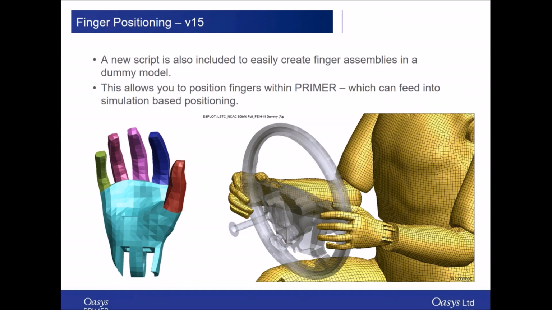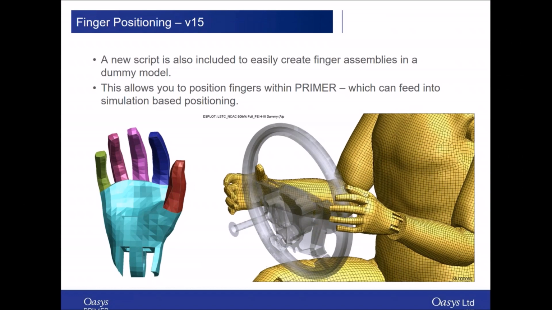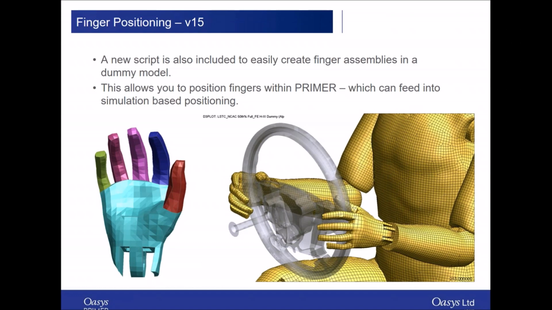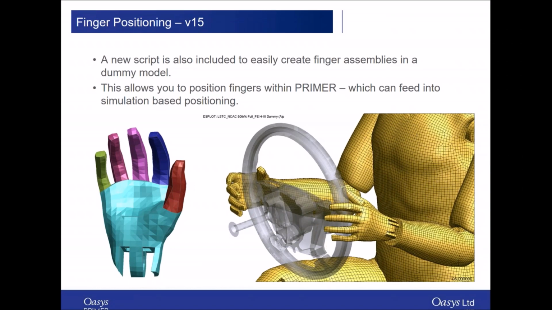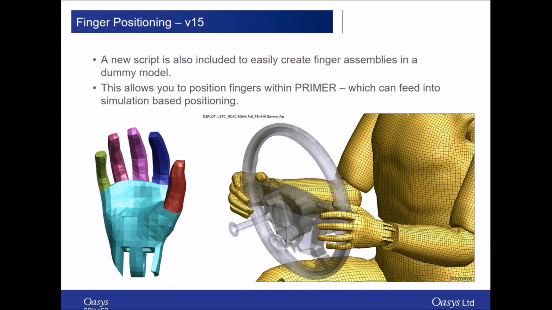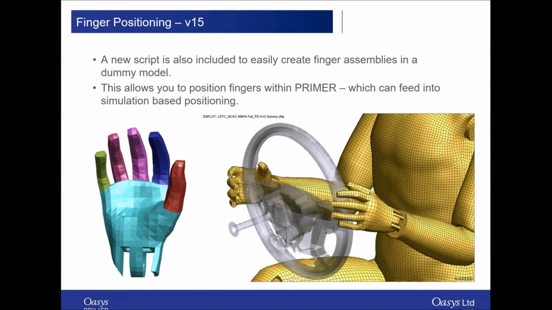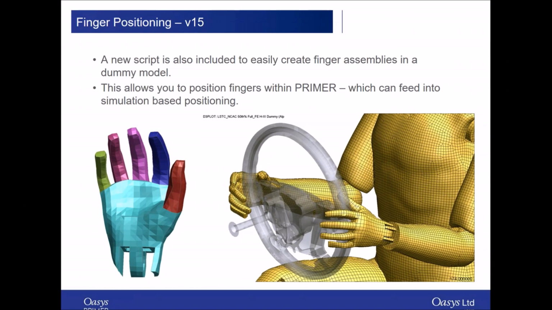So we've added a script that allows you to easily set up separate assemblies for these fingers, and that means you can move the fingers around independently of the hand, and you can set up positioning analyses to move the hands onto the steering wheel and maybe grip the steering wheel as well.